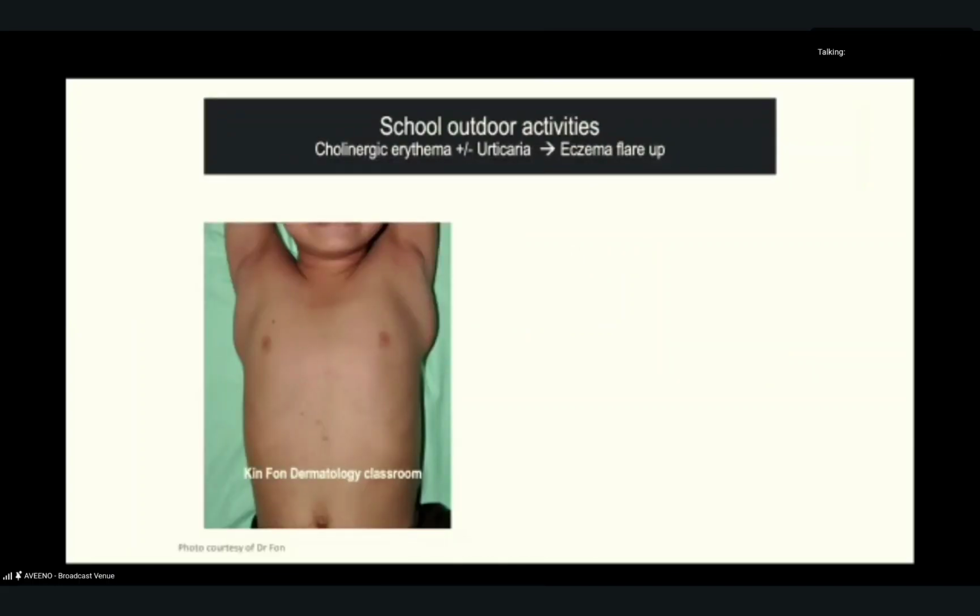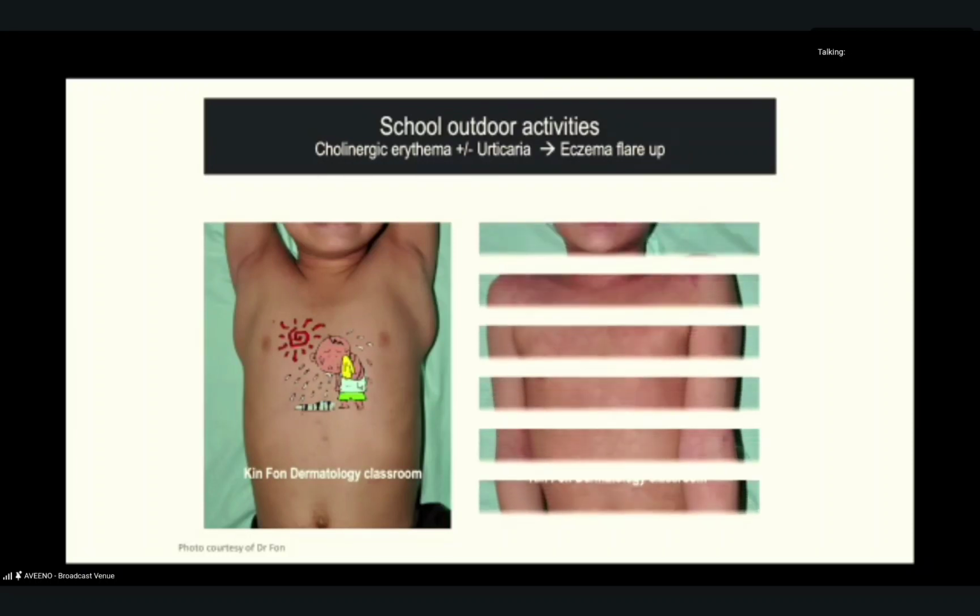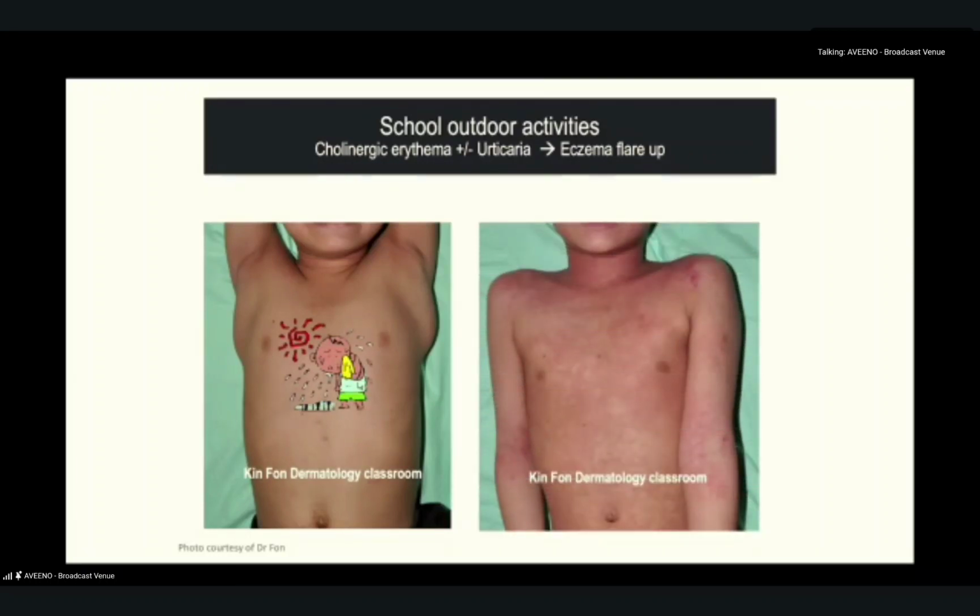This patient will benefit from it half an hour before any outdoor activity, because whenever the child walks out under hot weather, within half an hour, he develops cholinergic redness, erythema, and sometimes urticaria and feels itch, and they start to scratch. The underlying eczema gets worsened because of these triggering episodes of urticaria and cholinergic erythema.